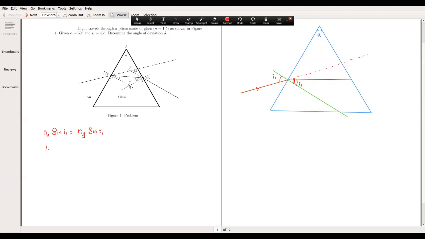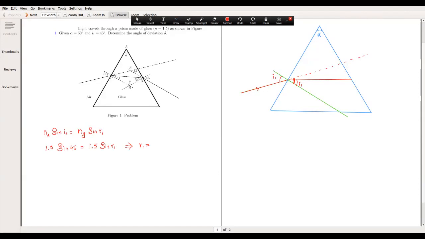That's 1.0 to 2 sig digits. Sine of I1 is sine of 45 degrees. And the refractive index of glass is 1.5 and sine of R1. This lets us solve for R1.